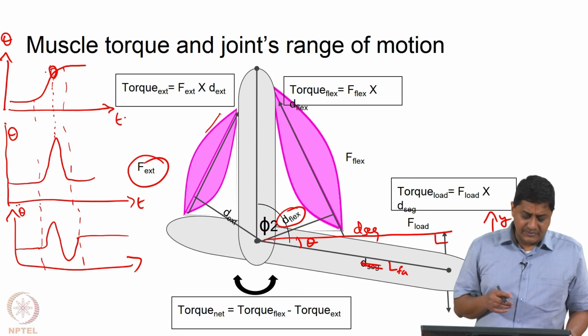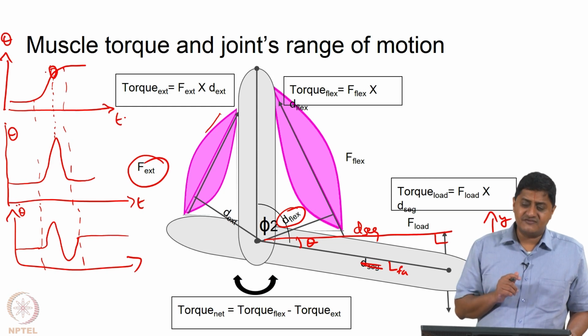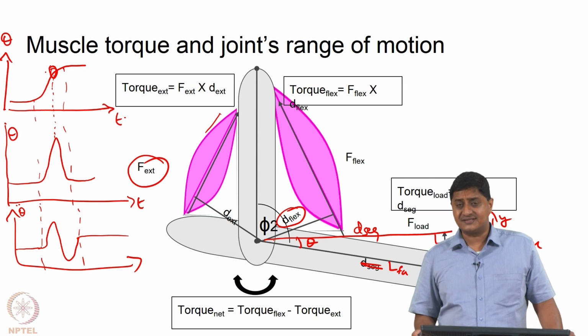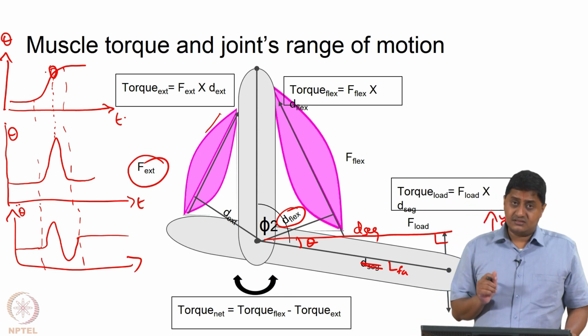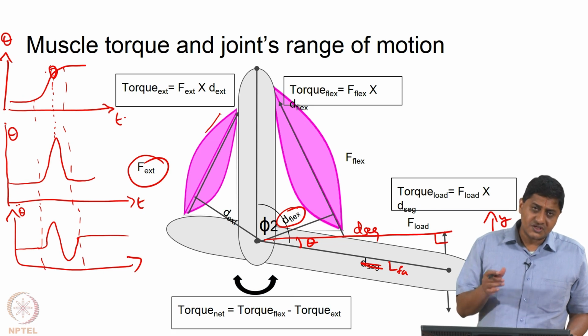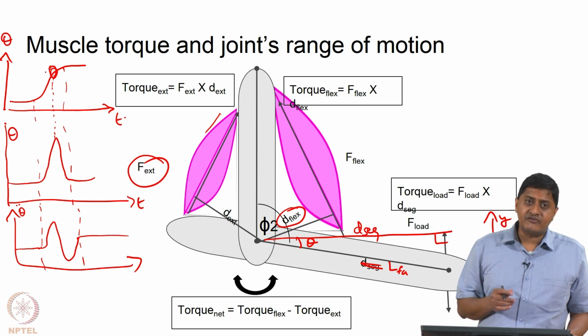Then I am interested in controlling my movement in such a way that I stop where I want, otherwise I will overshoot. By the way, those are diseases, dysmetria, overshooting, undershooting. Reaching the target almost accurately is a sign of health.